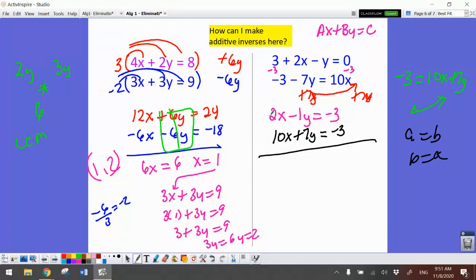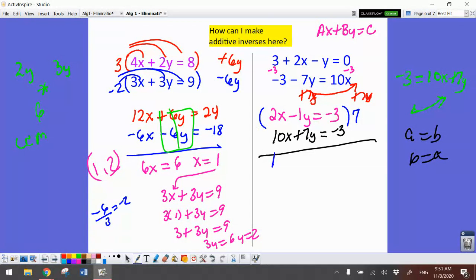I see that I could make a 2 a 10 by multiplying by a negative 5. I also see that I already have a negative 1 here, and that actually is a little bit easier. So I think I'm going to multiply by a 7 to make the opposite of the 7y. And again, it doesn't make any difference if you decide to get rid of the x's or the y's. You just have to multiply to create that additive inverses.